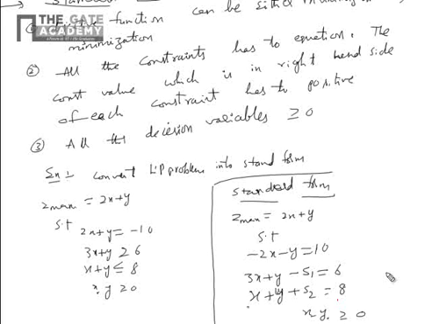So s1 is for the greater than or equal to sign, where you subtract, and s2 is for the less than or equal to sign equation, where you add.